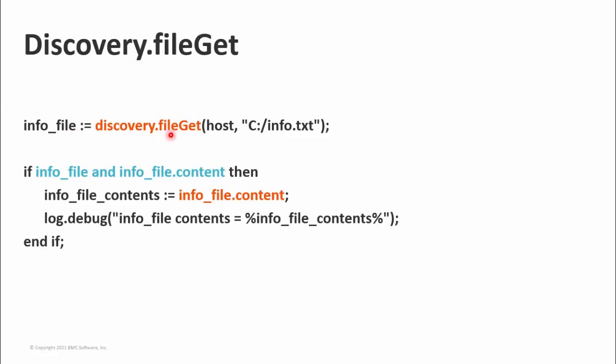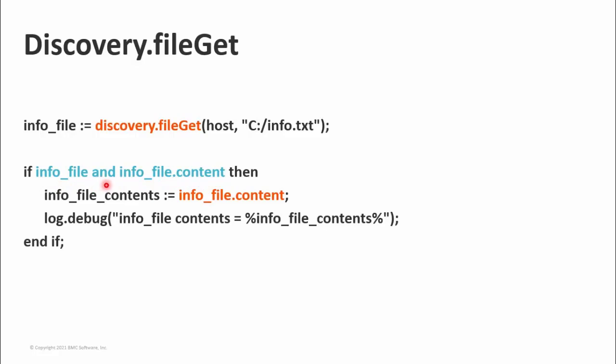So here we call discovery.fileget with the host that we're going to retrieve the file from, and then the name of the file. And the result of fileget is going into the variable called info file. If we have an info file, then we can get the info file.content.